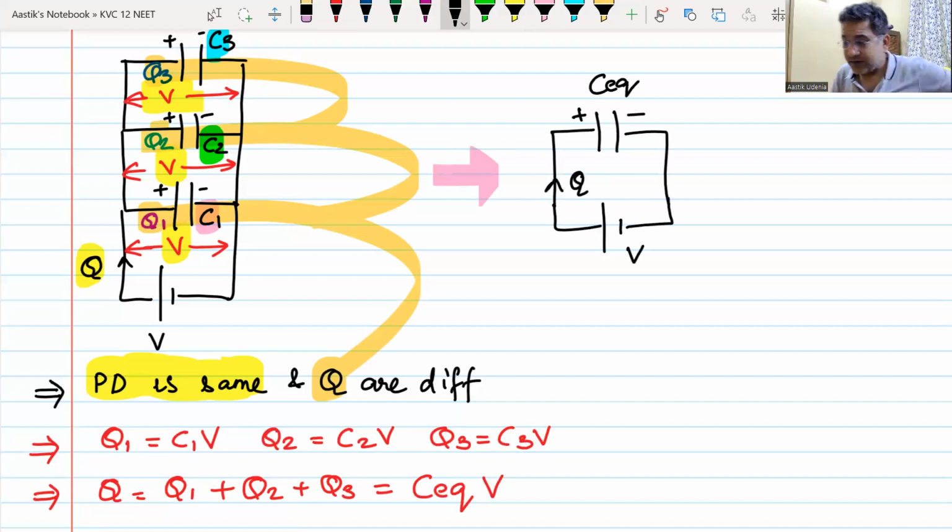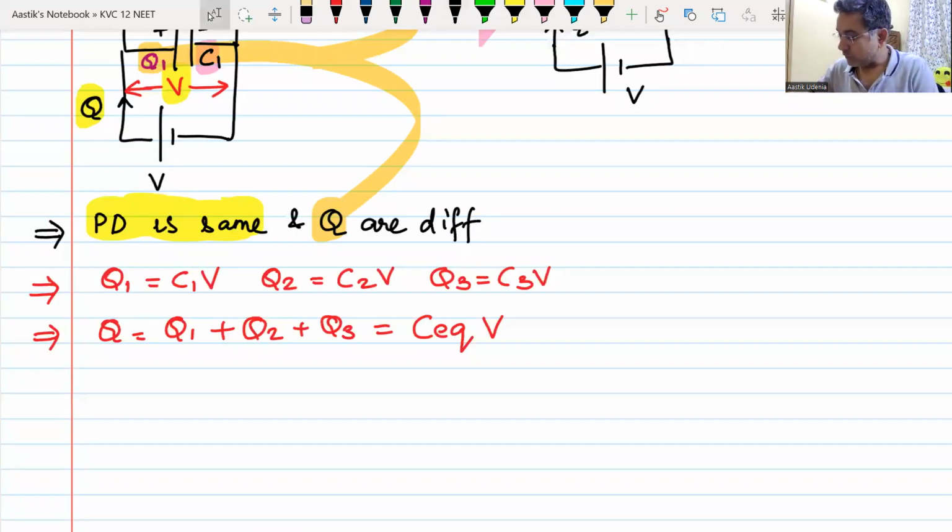Can anyone tell me what will be the value of this equivalent capacitor? In this case, the value of this equivalent capacitor will be C1 plus C2 plus C3.